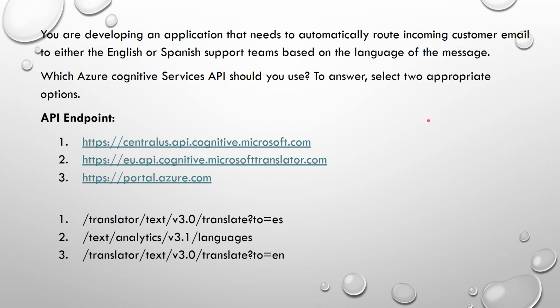Now let us break down the question. What are the keywords present in the question? So the question is regarding Azure Cognitive Services API. So what is Azure Cognitive Service? It is a suite of AI services and APIs provided by Azure. So what does that mean? We have seen there are a lot of AI services provided by Azure, including computer vision, content moderator, language service.